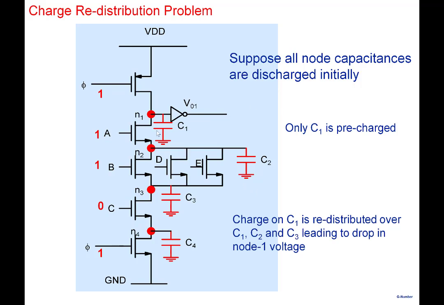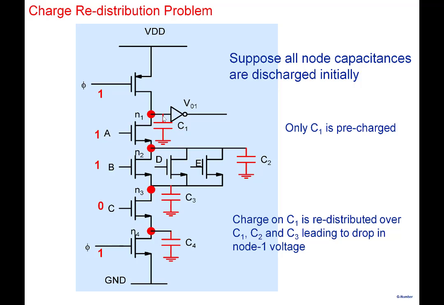Earlier this particular node was charged to VDD. It had a voltage of VDD. But the charge is now redistributed among C1, C2, C3. If the charge is redistributed, it means that the voltage falls. So again, it will not be 3.3, the voltage will become some lower value here, right?